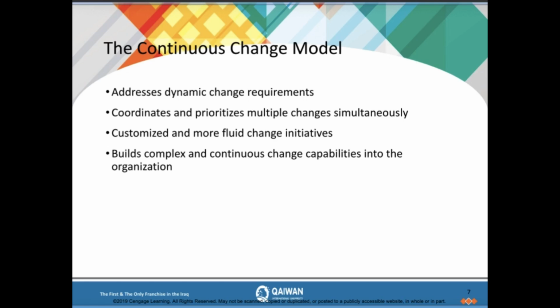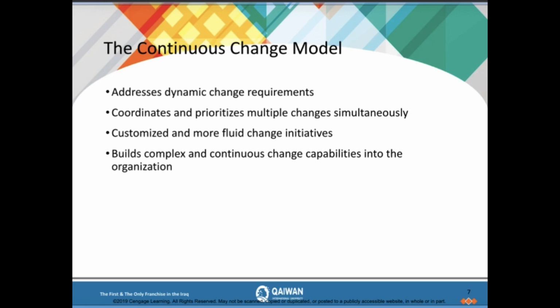So let's go a bit deeper into why the continuous change model is so important today, because modern organizations face constant and dynamic change. So they need an approach that can keep up. First, this model addresses dynamic change requirements that help organizations respond quickly when conditions shift, like new technology, customer preferences or regulations.